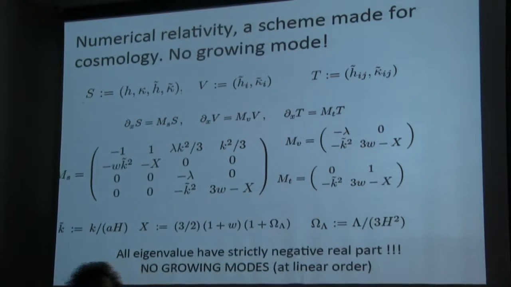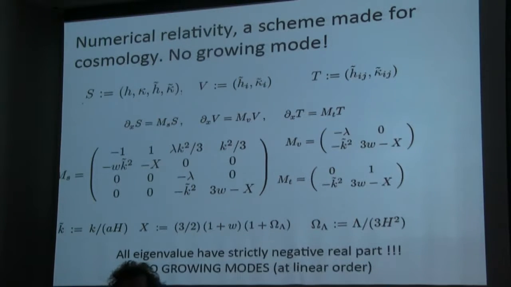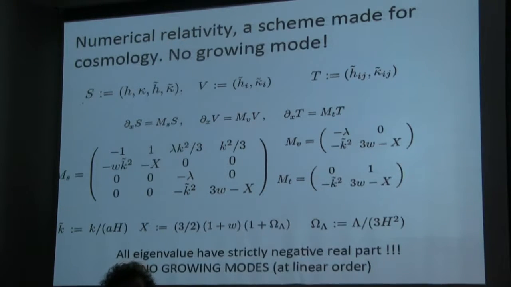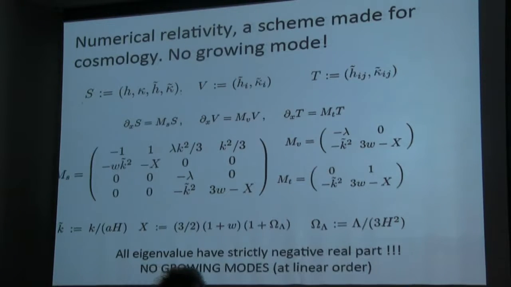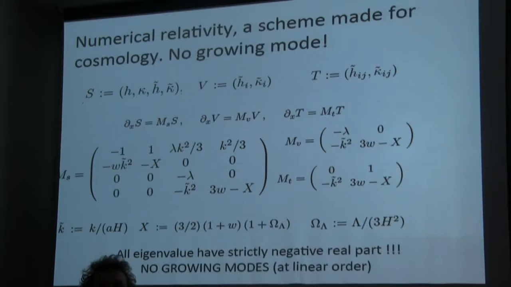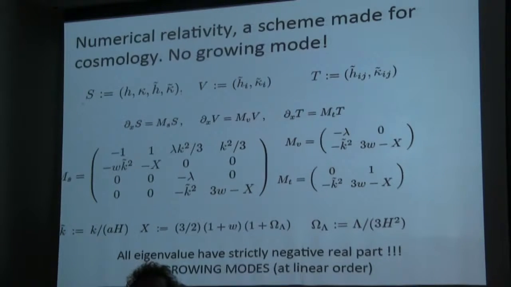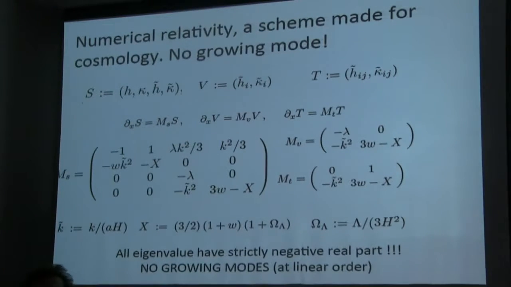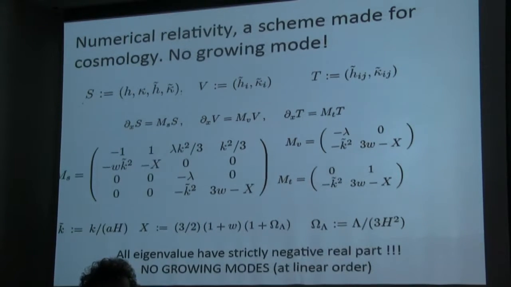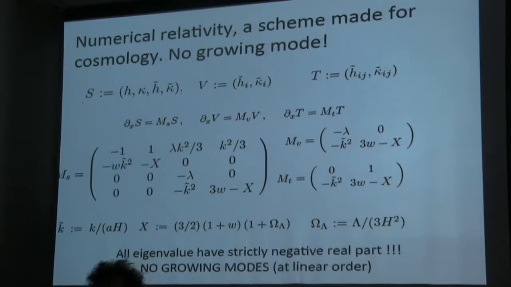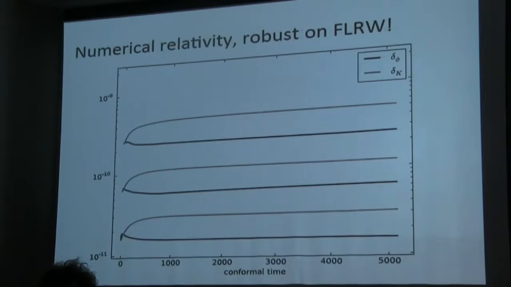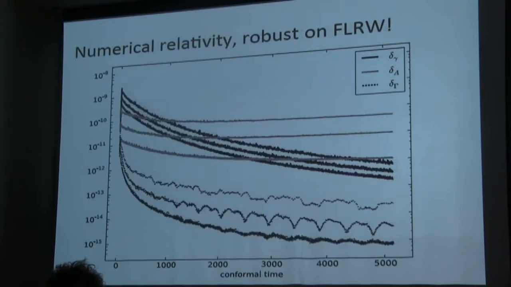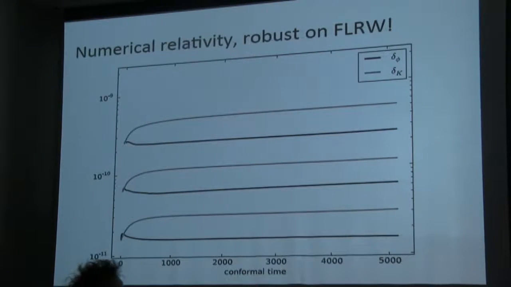I'm not stating that there is no growing mode in the simulation. There is. You have the density contrast that grows. It's clear. But the field that you are evolving doesn't. And this is crucial. Why is it crucial? It's crucial to pass a robustness test on FRW. I think the conclusion of this talk is that we are able with this scheme to pass a robustness test on FRW.